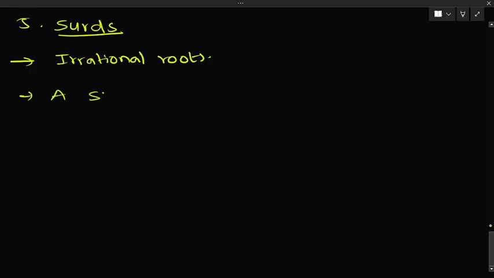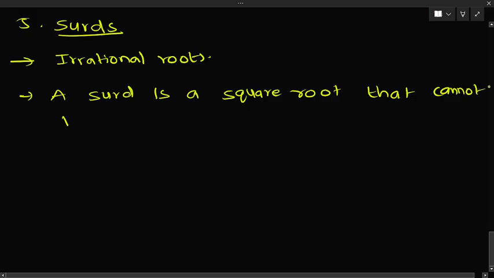A surd is a square root that cannot be simplified into a whole number.